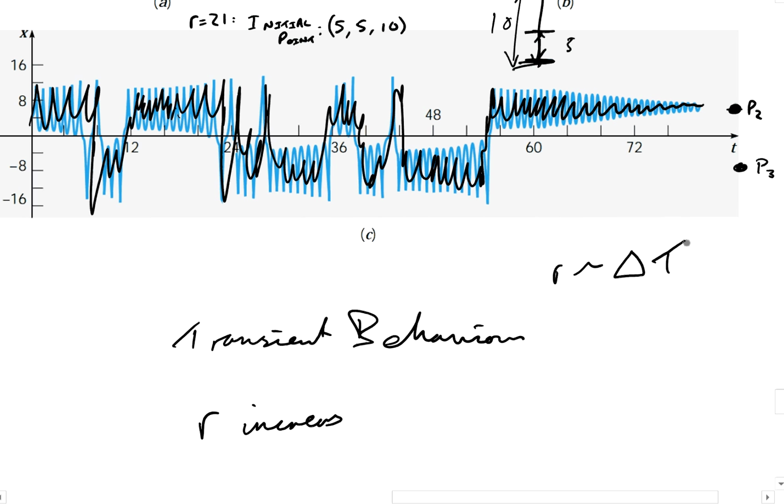So in other words, we're considering a larger temperature change. As r increases, this transient behaviour, this jumping around, also increases. So in other words, it takes longer to settle down towards a particular equilibrium point.